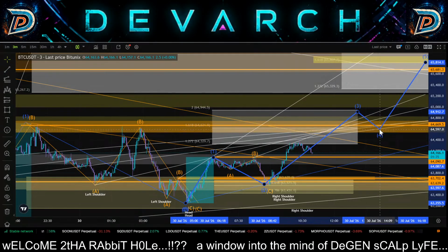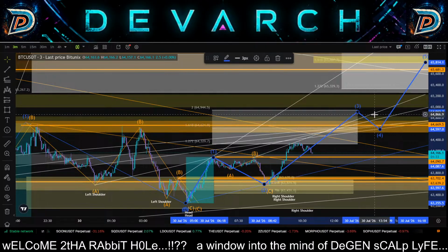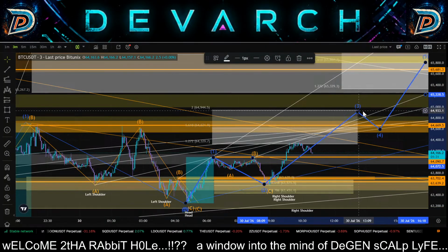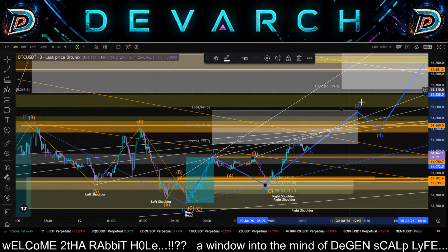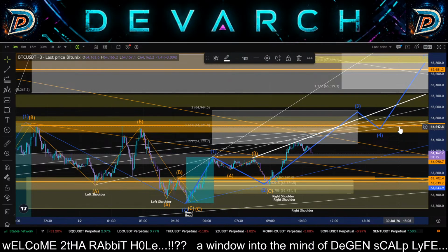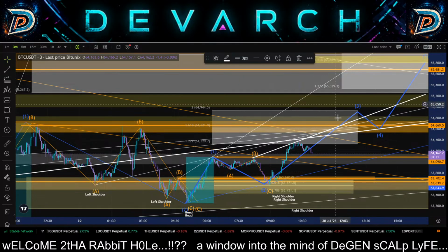And this is where you can see the wave 4 will channel in this zone here. So this zone here is where the wave 4 will channel into and then break out into the wave 5, right?